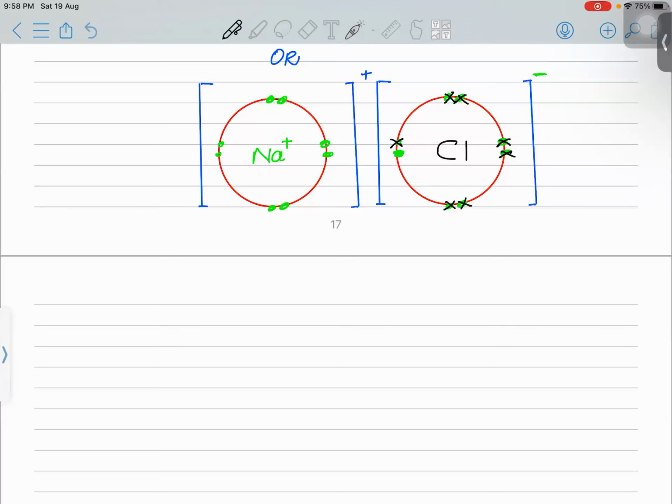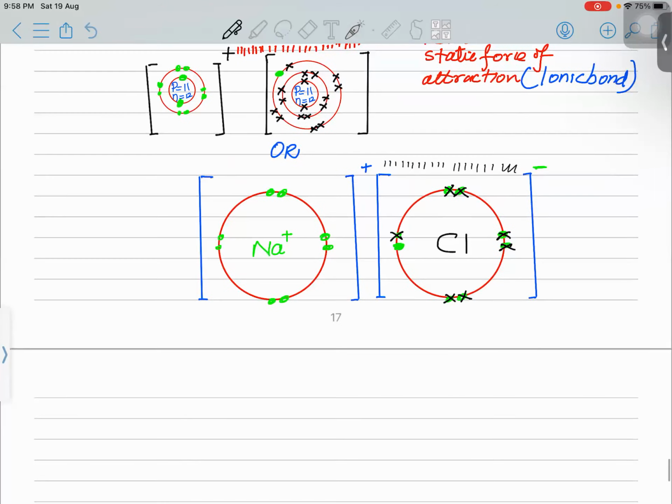So this is ionic bond. What is ionic bond? Attraction between oppositely charged ions.